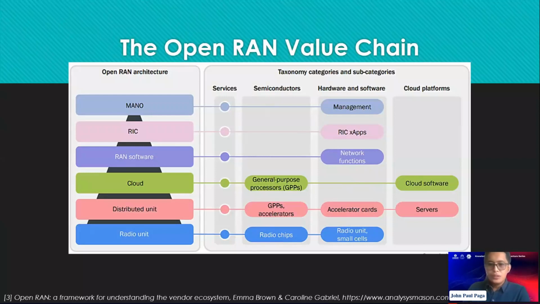So from a study pioneered by Analysis Mason, okay, they forecasted that there is a $45 billion of revenue that can be generated by Open RAN by the year 2026.